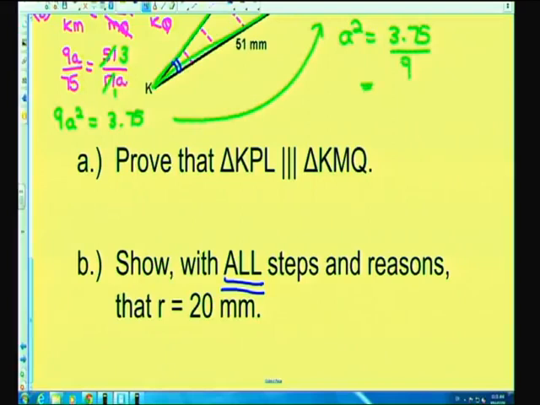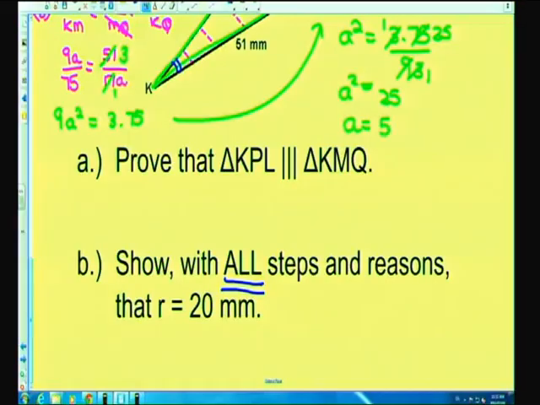Of course, you can use your calculator, but I'm trying to encourage you to think a bit. And if you look over here, that's going to divide into the 75 25 times, so I get a squared is 25. That means that a is either plus or minus 5, but we are dealing with a length, and a, being a length, cannot be negative. So I can safely just say a is 5.